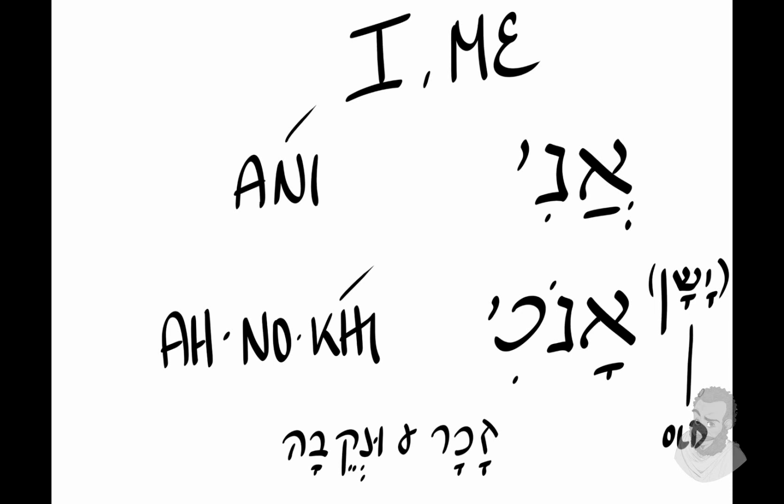And of course, this is male. This word, Anochi, is the oldest. Then, Ani. Also, there is no real male, Zachar unkeva, geared towards this. It's pretty neutral.